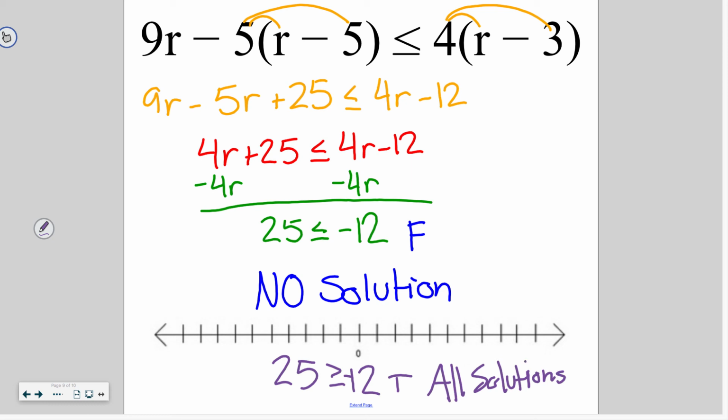So you have to be careful that you are paying attention to whether these statements are true or false if the variables get eliminated, and that either turns into no solution or all solutions. So in this case, we have no solution because it is a false statement. If you have questions about this or anything else from the lesson, please let me know when you get to class.